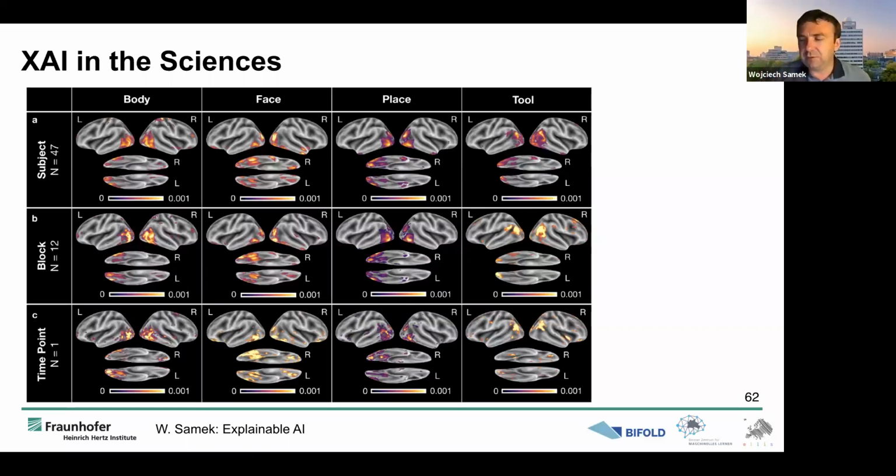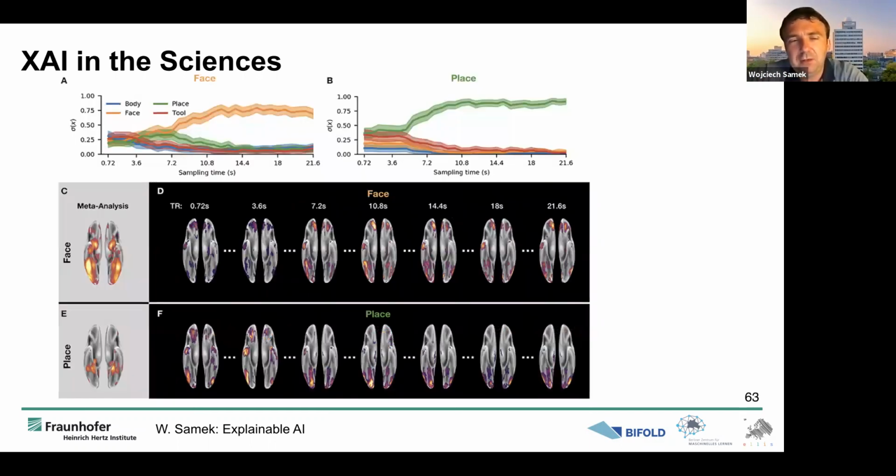This is much better than the classical analysis, because in classical analysis, people just compare groups of subjects and have these p-values on a subject level or the group level. And here we get relevance values for every trial and every volume. So we can also study the dynamics of the processing going on in your brain. This is something which we are currently looking at, and which gives us whole new opportunities to study this complex data.